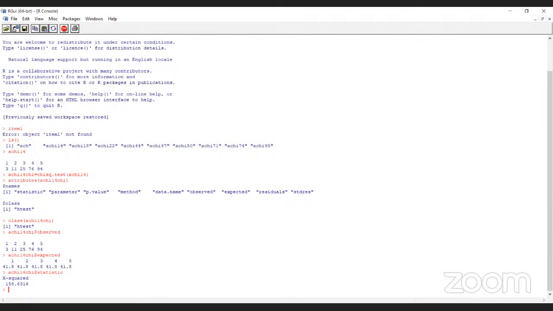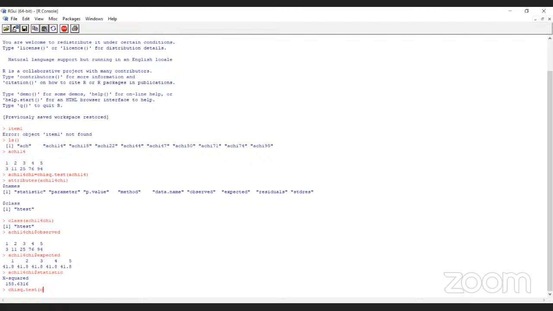So if you write down chi-square CHISQ dot test, bracket C. Oh, sorry, not bracket, it is C. Then bracket 14. No, C.